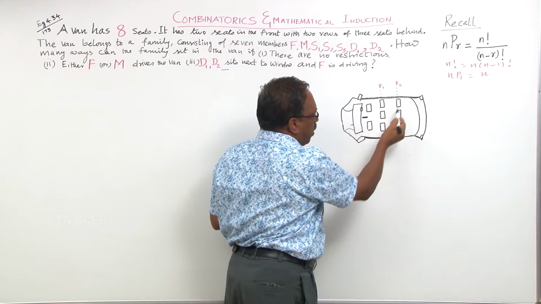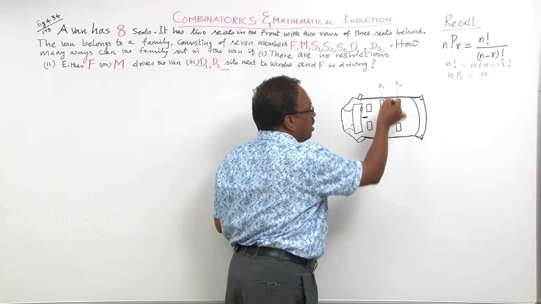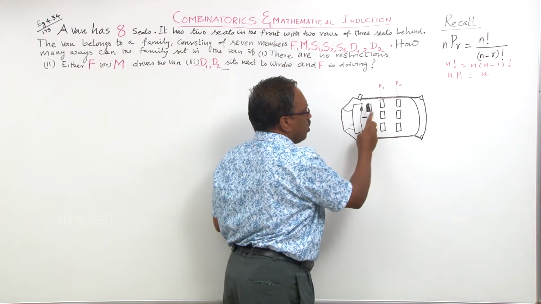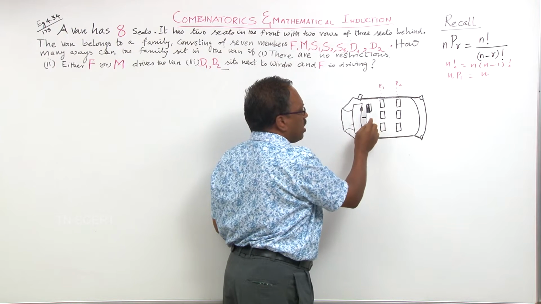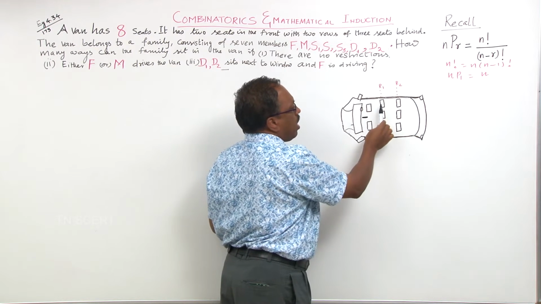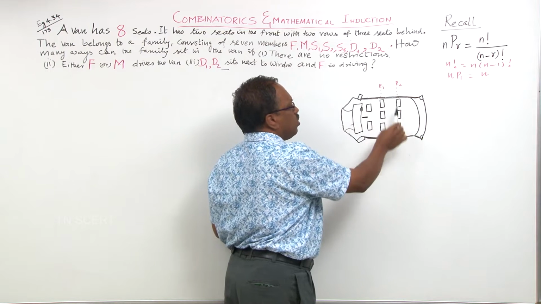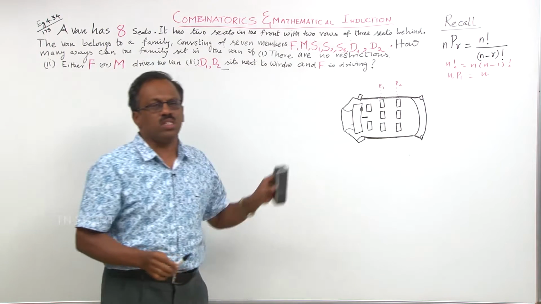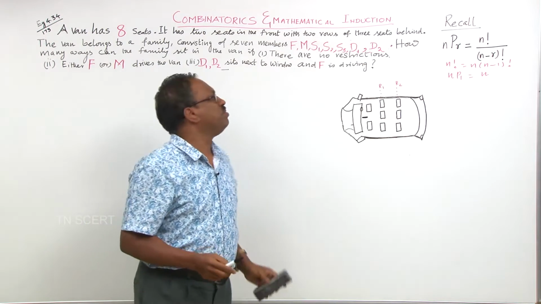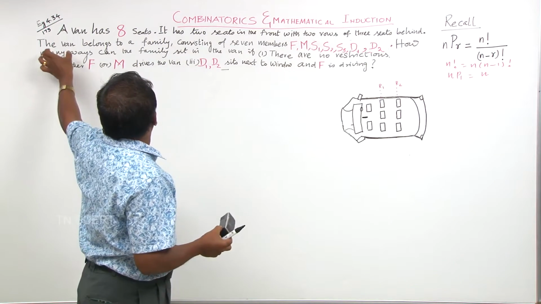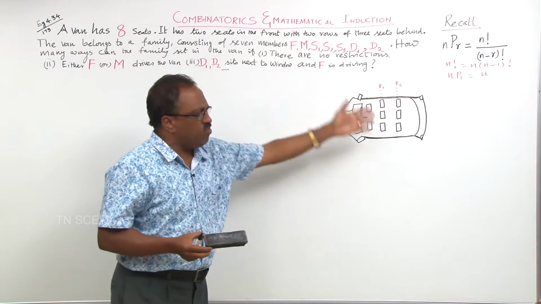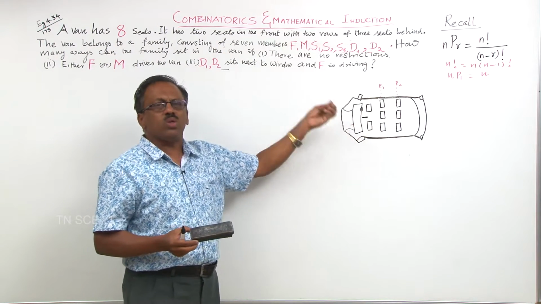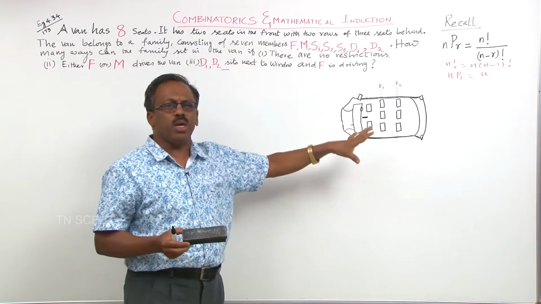The first row contains the driver and 1 more seat, and the next 2 rows have 3 seats each. So totally 3 plus 3 is 6, plus 2, which is 8 seats in this van. The van belongs to a family. This is a family van. So they are the people going to be accommodated over here.